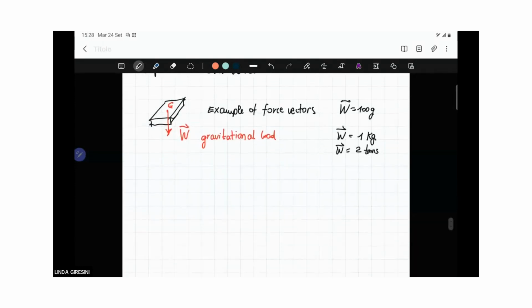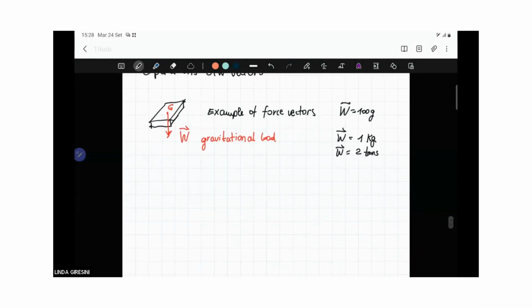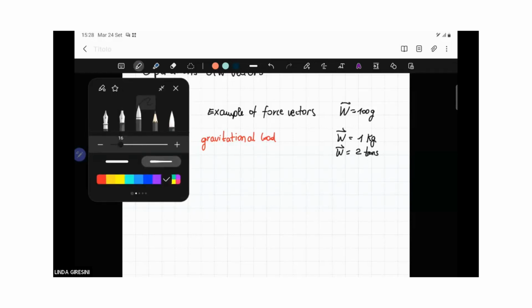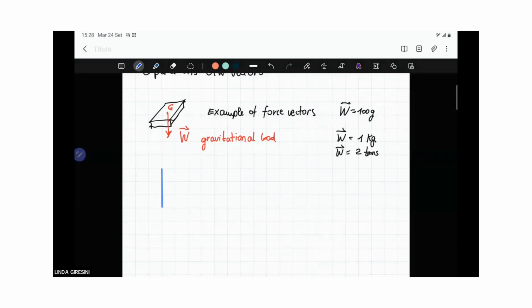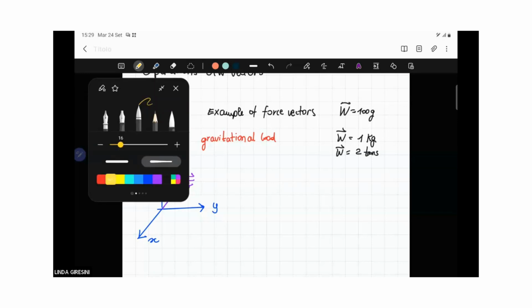Okay, so generally we need a Cartesian representation of forces. So for example, if I have a force in space, let's assume that the coordinate system is this one. In space, of course, we have 3 axes, X, Y, and Z. So each force can be represented by a vector, as I said. And we'll have 3 components, the components of each axis.